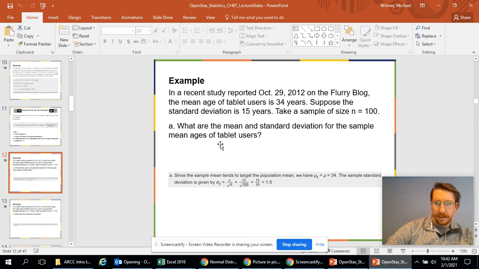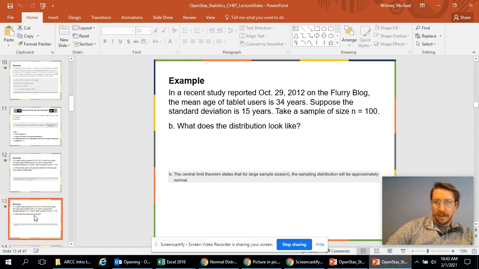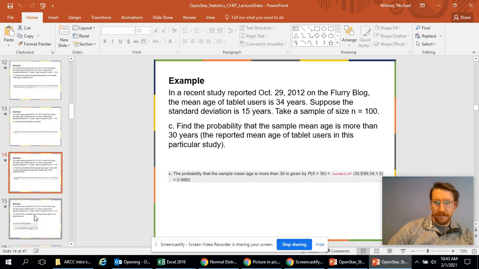What are the mean and standard deviation for the sample? Oh, so we already calculated that, 34 and 1.5. All right, next question: what is the distribution? Well, the distribution is going to be a normal distribution. Okay, here we go. Find the probability that the sample mean age is more than 30 years.